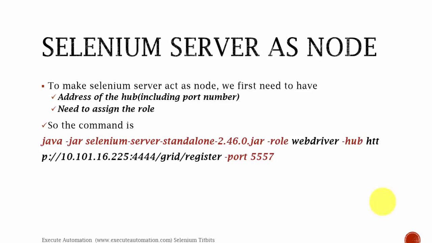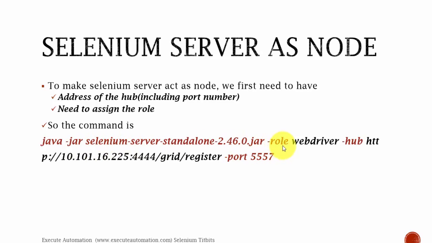So let's say your server is running on the IP address 192.168.0.6, and that's going to be your hub. If you want to register your node to that particular IP address, then you have to explicitly give that IP address to your node. As you can see in the command here, there is java -jar, the same command for executing the jar file.